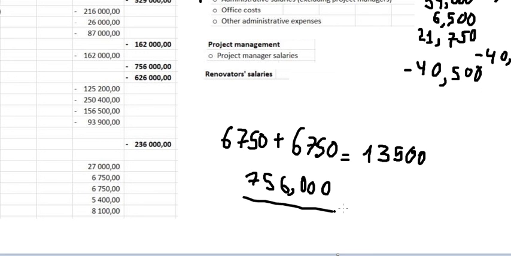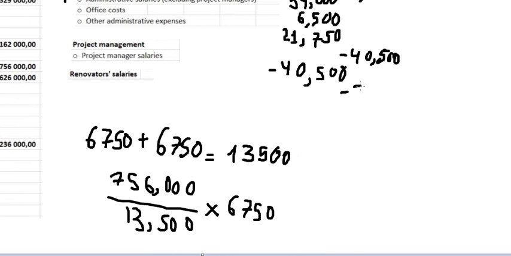We divide by total hours in here. We multiply by 6,750. And this one we have negative 378,000.